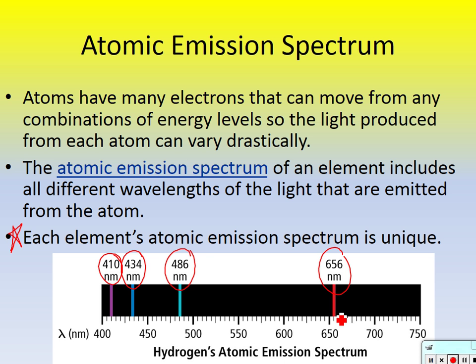So if you had a sample of unknown material, and you looked at it as you passed electricity through it, and you looked at it through a spectroscope, and you saw these 4 bands, what can you be sure of? That sample must have what element in it? Hydrogen. And so we can use this science here to figure out what is in an unknown sample.